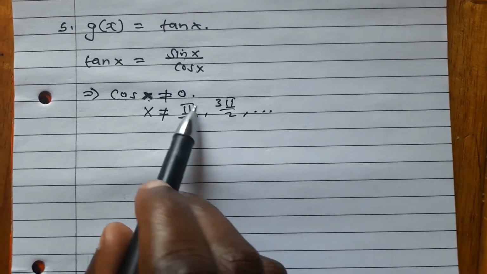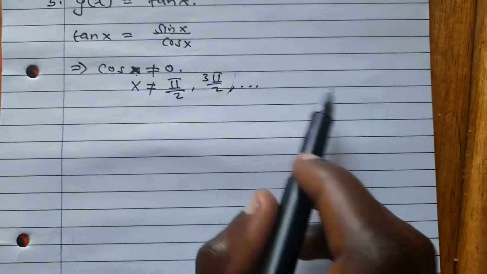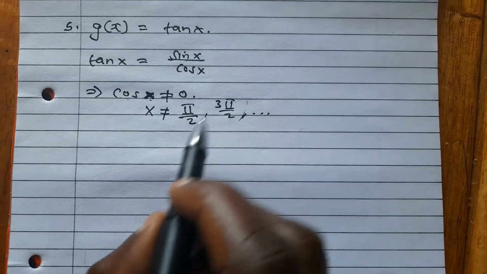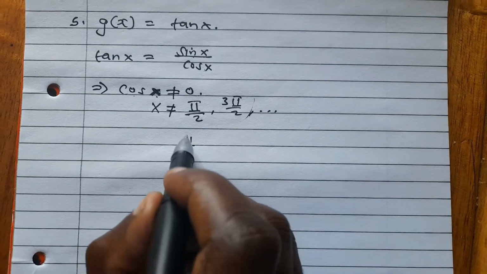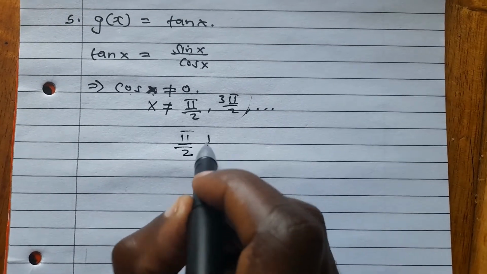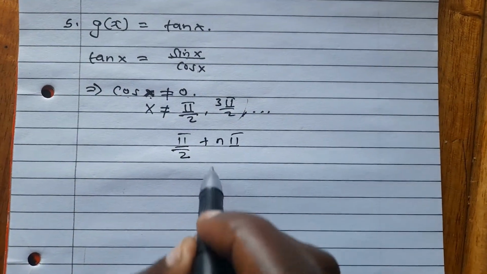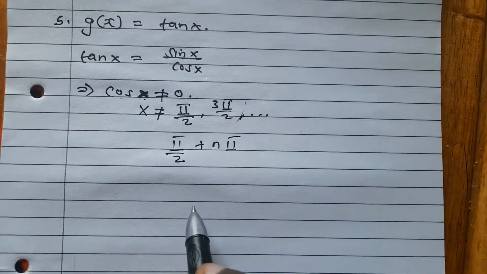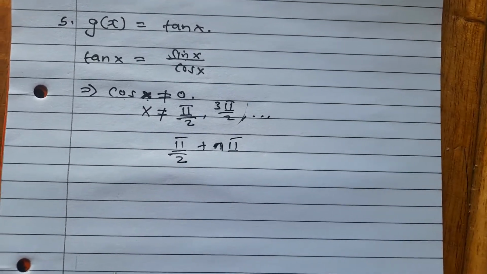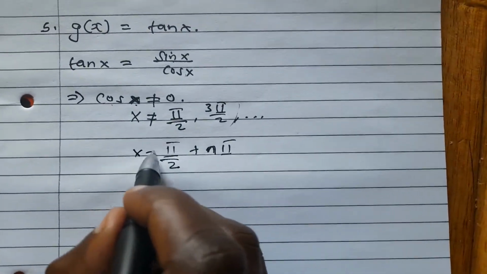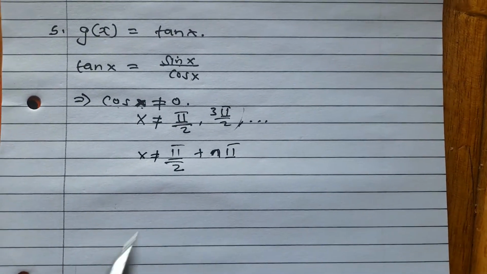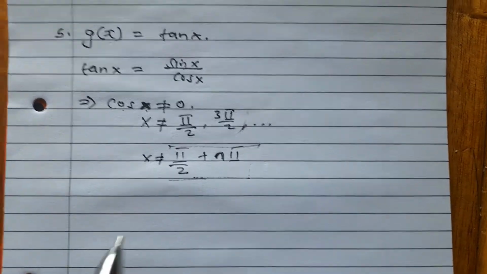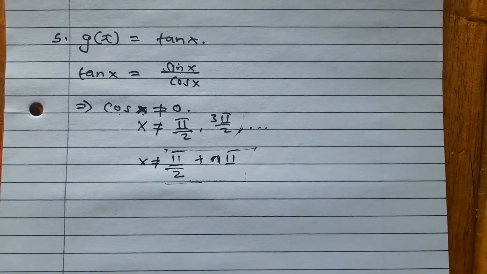So we need to come up with a proper way of including all those values, and all these values can be defined by pi over 2 plus n pi, where n is an integer. So therefore it means that my x should not be equal to this set of all angles that will give me 0 on the denominator.